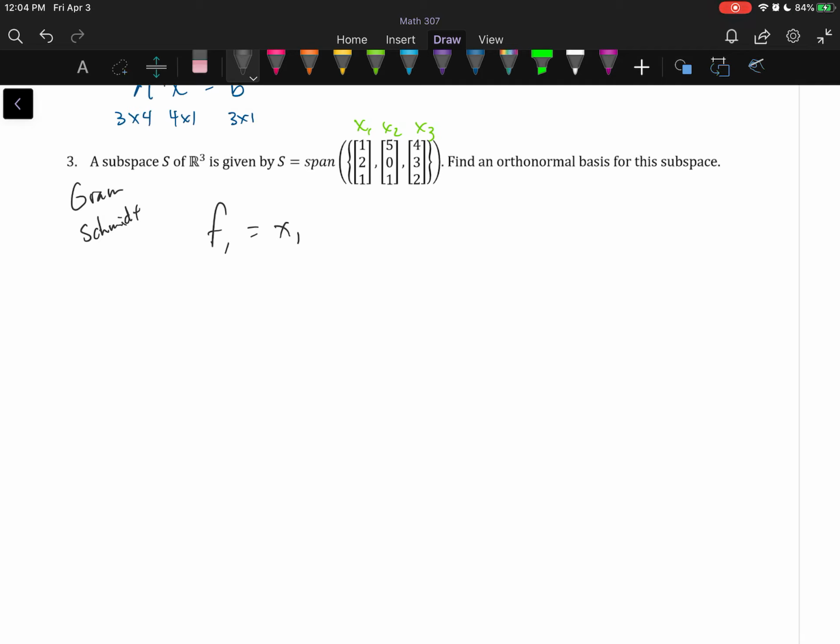We're letting our first orthogonal vector just start off with x1, and then for our next one, we'll take x2 and we'll subtract off x2's projection onto f1.